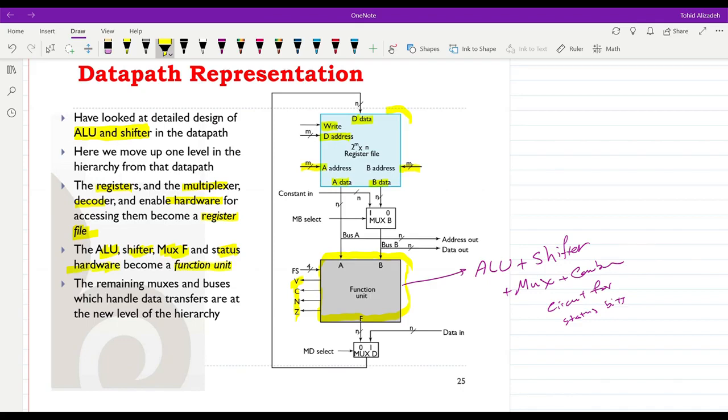So this function unit includes all those. Apart from them, we still have the mux B here, which we had in the initial datapath representation, and we also have the mux D, which is used in order to pass new data from outside into our datapath. And mux B is used in order to pass some constant input whenever needed.